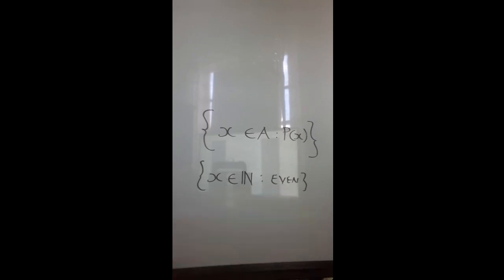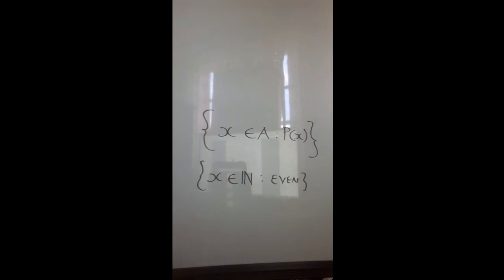Set of all elements of natural numbers that are even. Correct. That's all even natural numbers, so that would be from 2 going upward. It would not include 0. By the way, remember that 0 is even. I had to teach my class that last week. But it's not a natural number, because natural numbers start from 1.